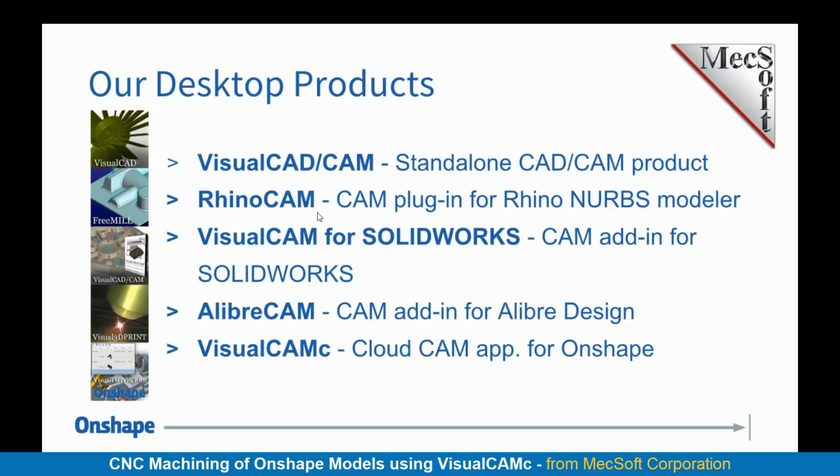Rhino CAM is also a very strong product for us. It's a plugin that runs inside the Rhino NURBS modeler. And then VisualCAM for SolidWorks and Libre CAM. These are 2 plugins that run inside parametric modeling systems. SolidWorks obviously everybody knows, and then also Libre Design, which is a relatively new product.